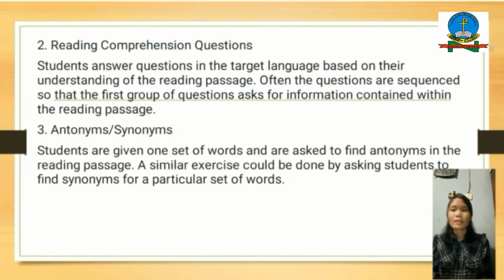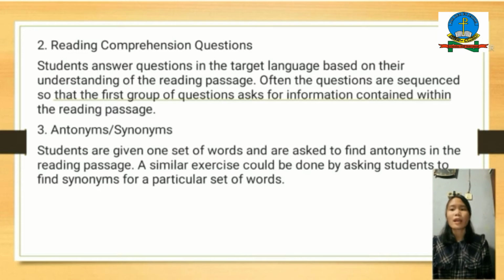Number 2 is reading comprehension questions. Students answer questions in the target language based on their understanding of the reading passage. Often the questions are sequenced so that the first group of questions asks for information contained within the reading passage.